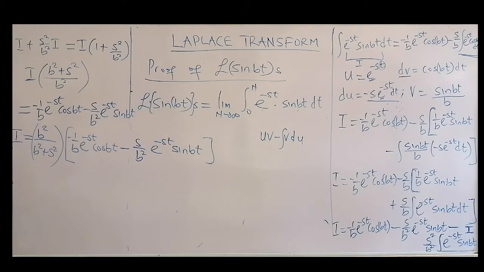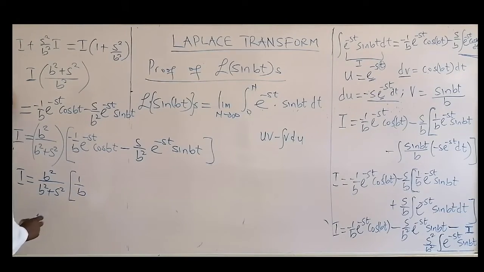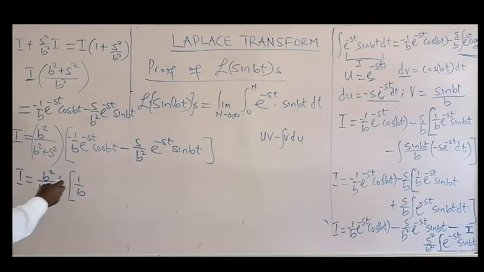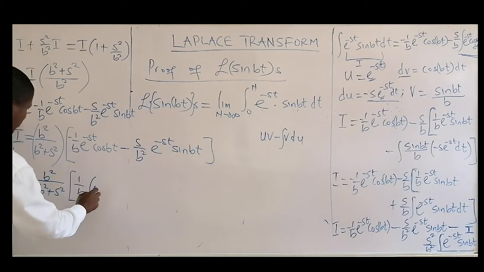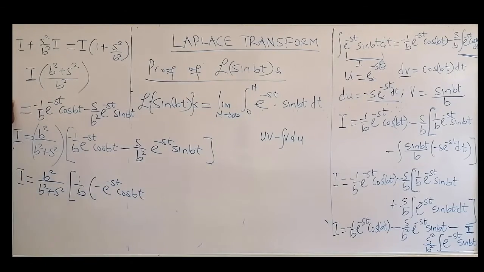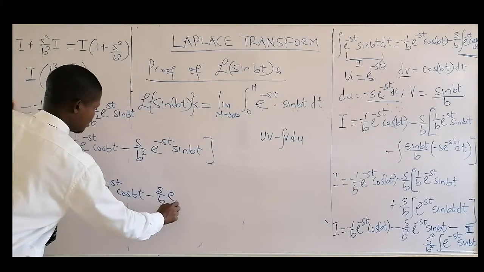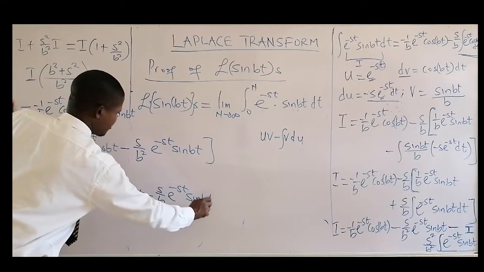What we do now, we have I equal to b squared over b squared plus x squared. Here, something is common: 1 over b can be taken outside. So 1 over b can be factorized, and that will be equal to minus e to the st cos bt minus x over b e to the st sine bt.